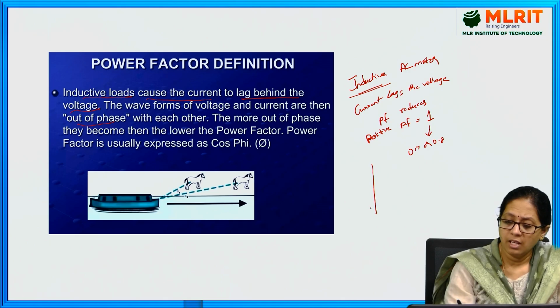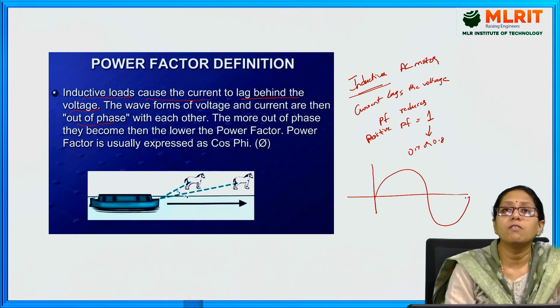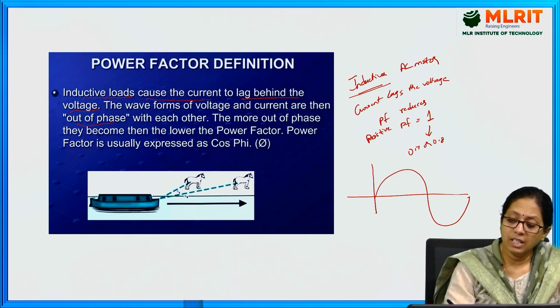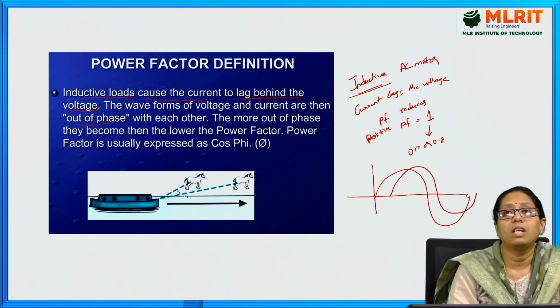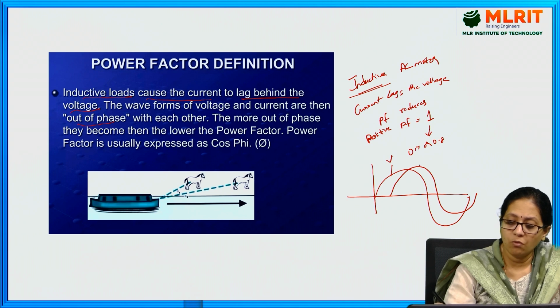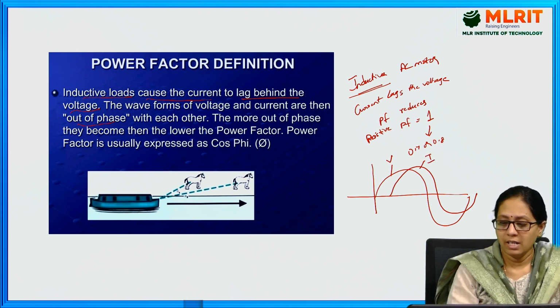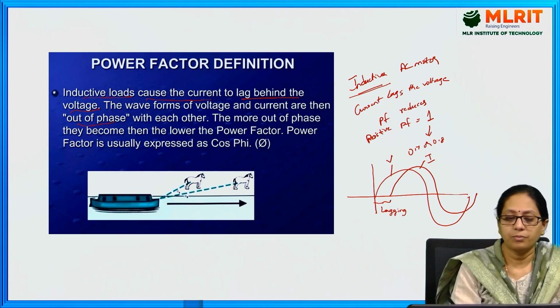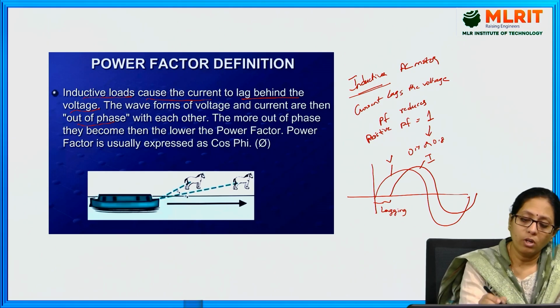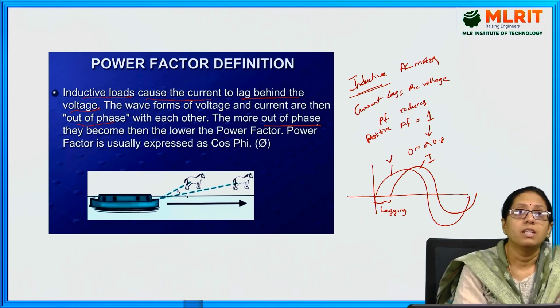In a sinusoidal waveform, this will be your voltage waveform and this will be your current waveform, with the current lagging behind the voltage. The more out of phase they become, the lower the power factor value.